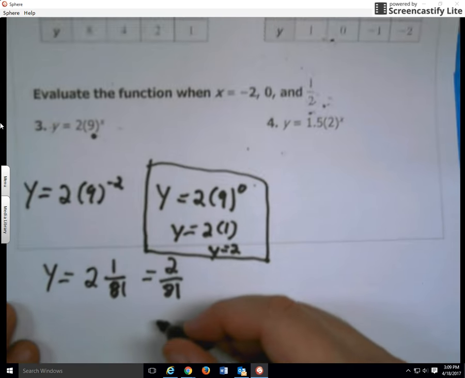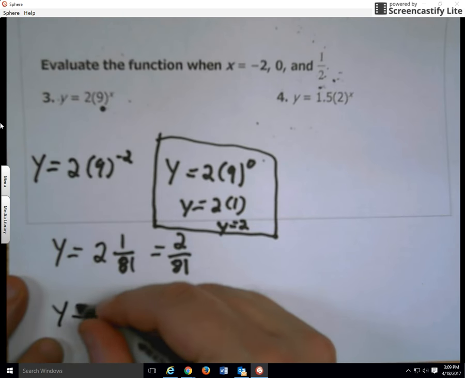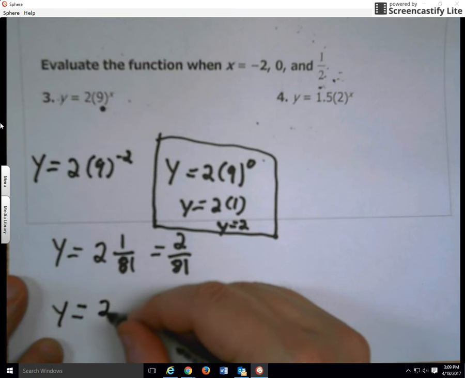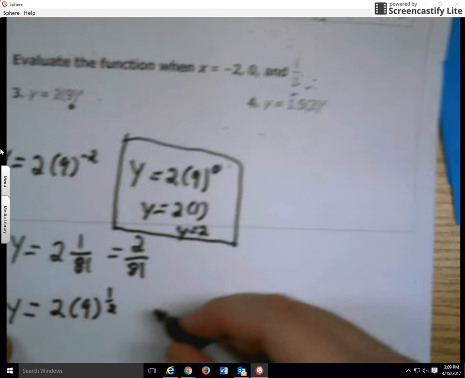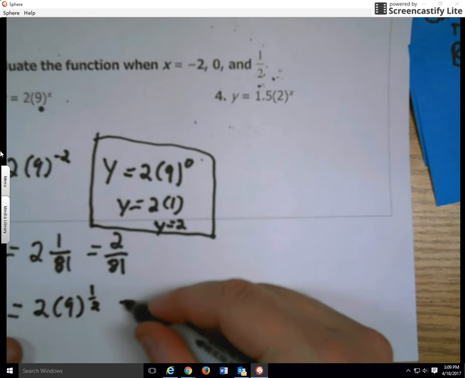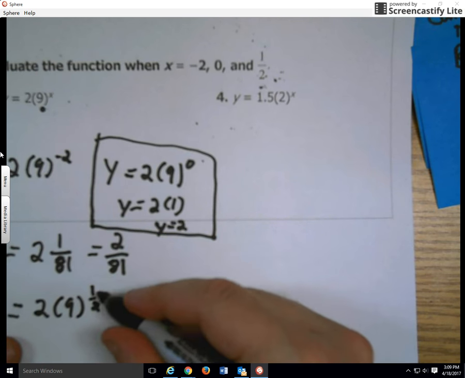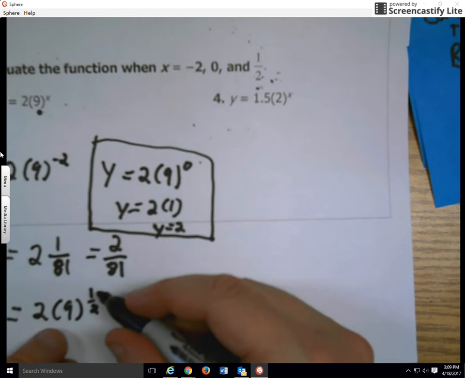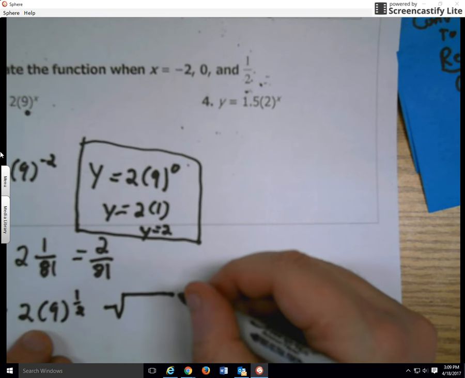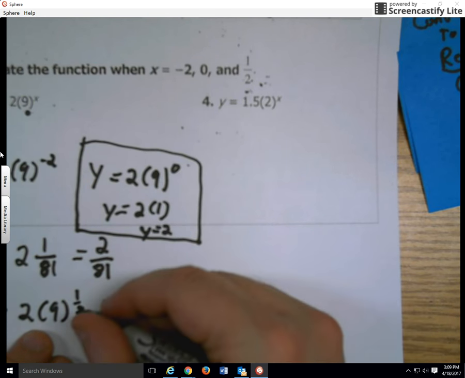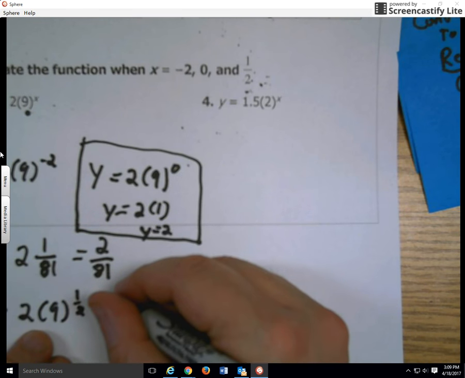So let me see if I have room. y equals 2 times 9 to the half power. And we'll remember from before that the numerator of this fraction deals with the actual power you'll put it to, and the denominator deals with the index.